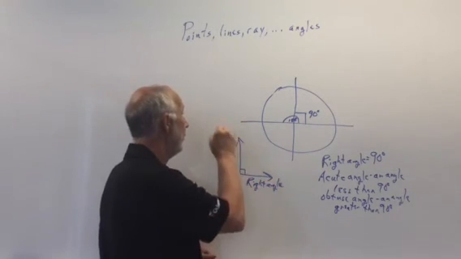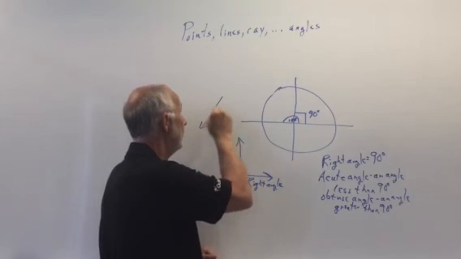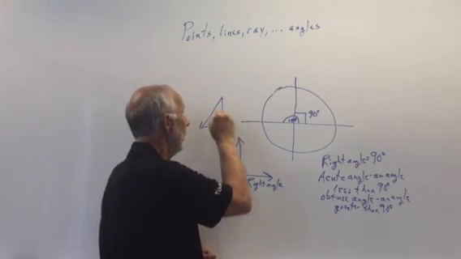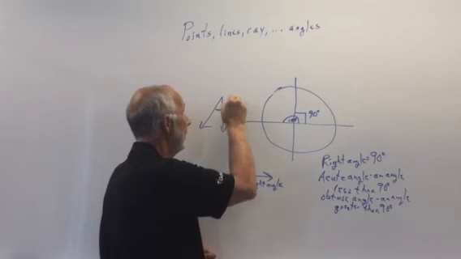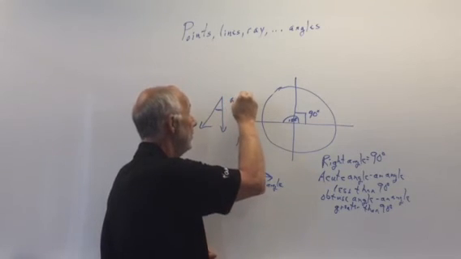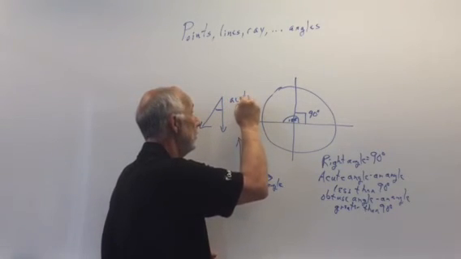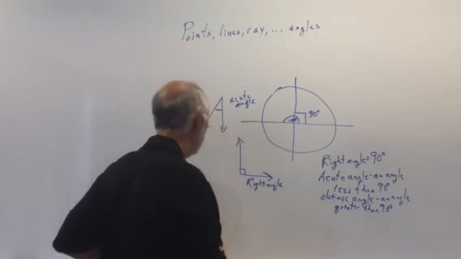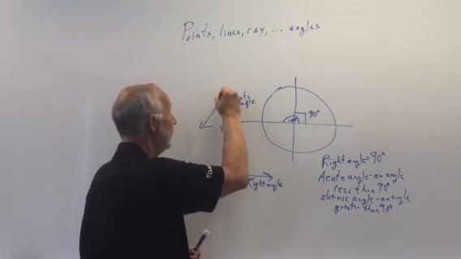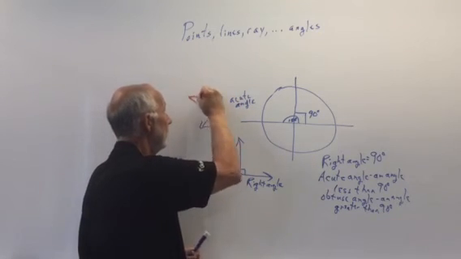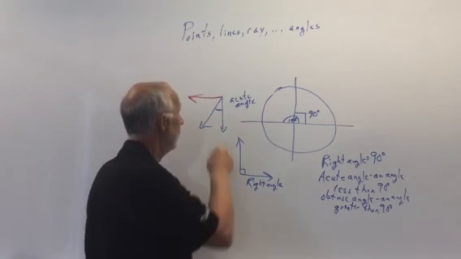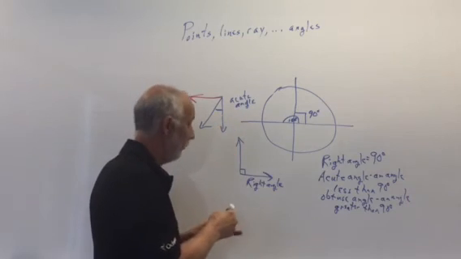Then you have an acute angle, which looks something like this, all right, because it's less than 90 degrees, because 90 degrees would be basically here, and this angle only opens up part of that way.